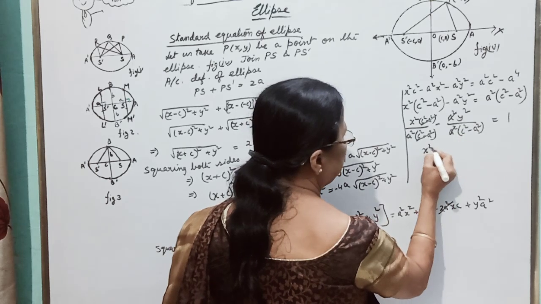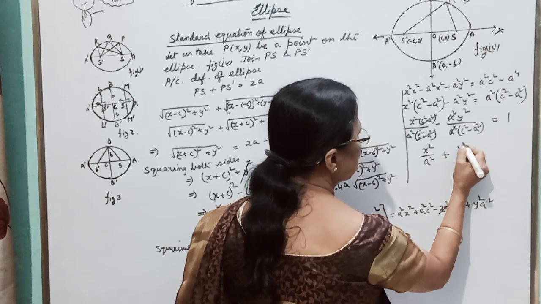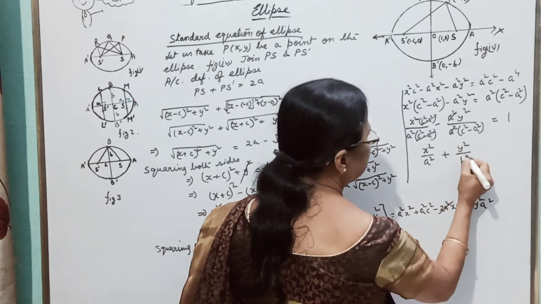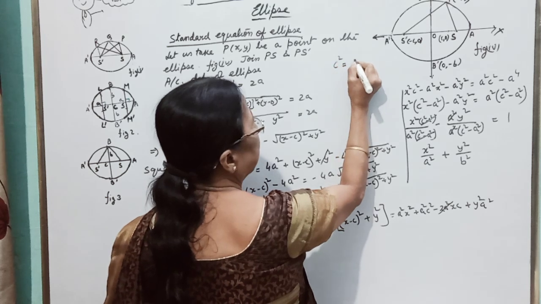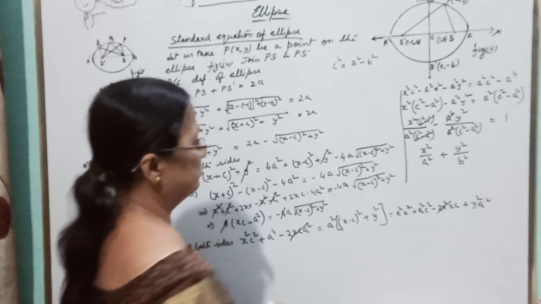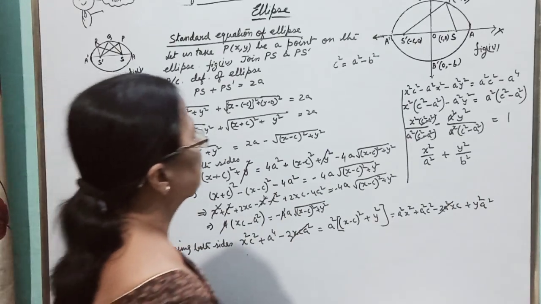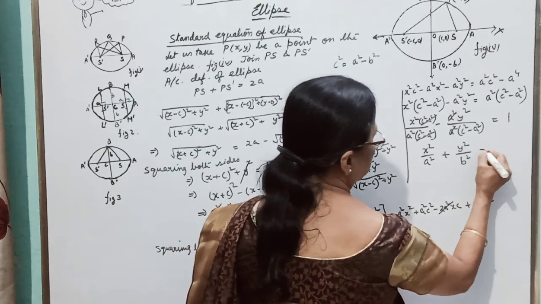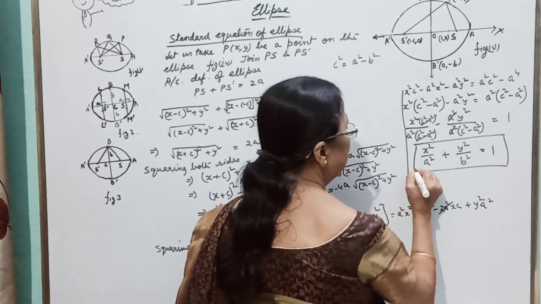So this is x square by a square, and this is minus minus plus, y square by b square, because you know c square is equal to a square minus b square. So this is equal to 1. This is your standard equation of the ellipse.